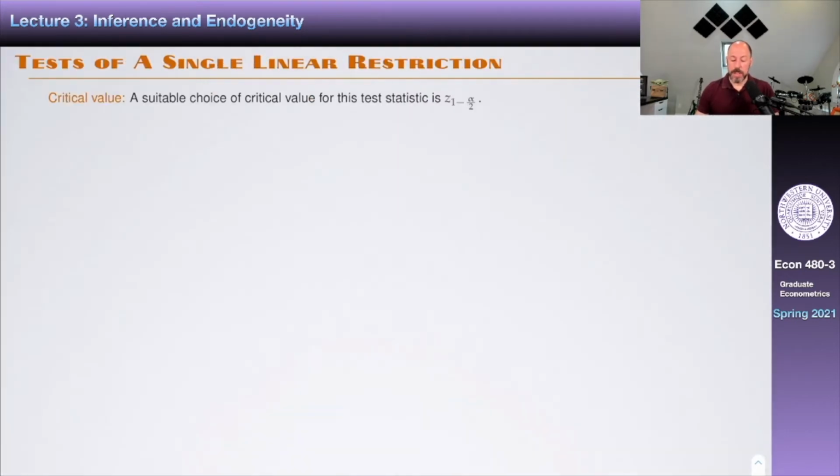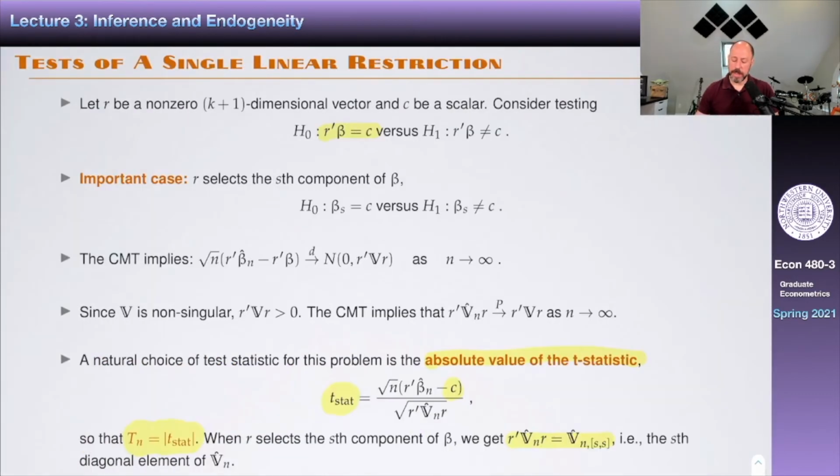So the next thing is, what's the critical value? This is the test statistic. If you are wondering why we are using this particular test statistic, I just wrote that this is a natural choice. Today I'm not going to get into details, but there are essentially two features that you want from a test statistic. The first one is that large values of a test statistic provide evidence against the null hypothesis.